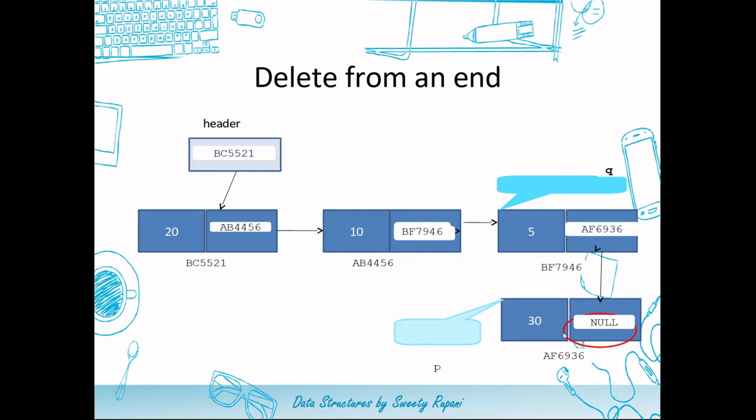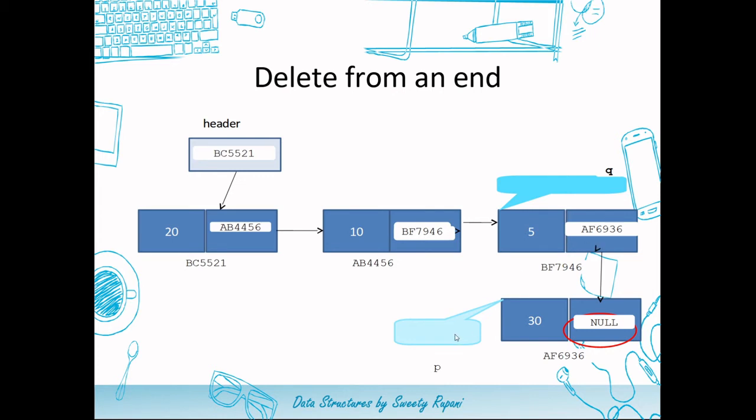Now when P reaches the last node, it finds that the value in the address field is null, indicating that P is pointing to the last node. As we cannot go back to a previous node, this Q pointer will help in writing a null value in this particular address field, that is the second last node.